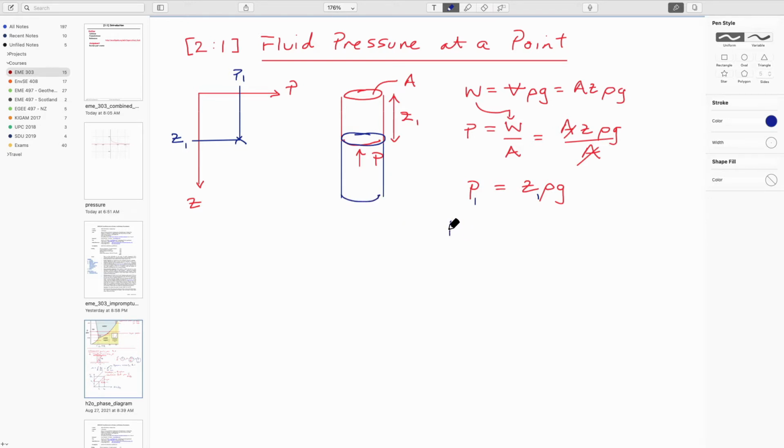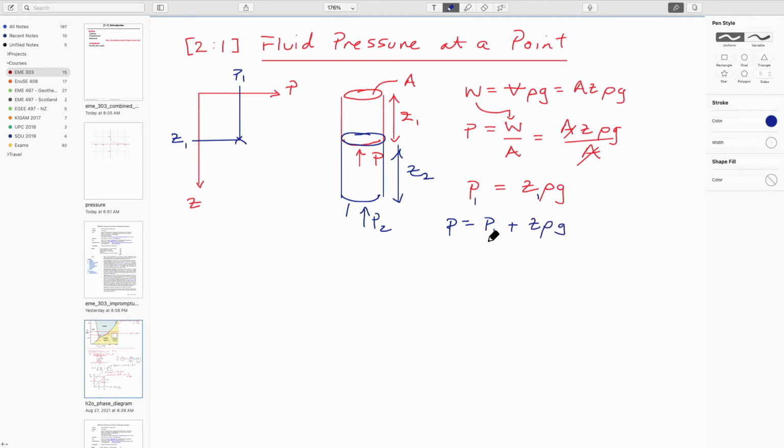And now the pressure at 2 would be equal to P1 plus Z2, I'll call it here, rho g.